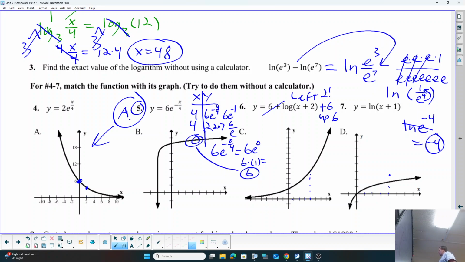So number 7 is just a log that's shifted. Is it up or right 1 or left 1? It's just a log. Oh, it's an ln. It's not just any log. It's ln. And so that's actually going to be, let's see here. So we want to reverse that. And so this is y equals ln of x. I'm gonna base e both sides. And so that goes away.